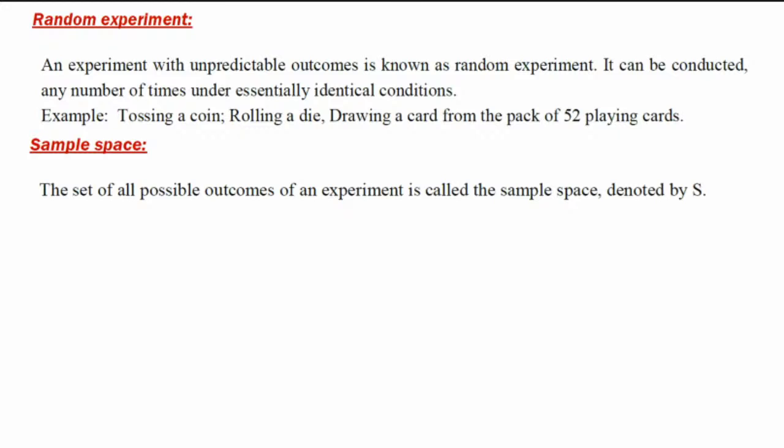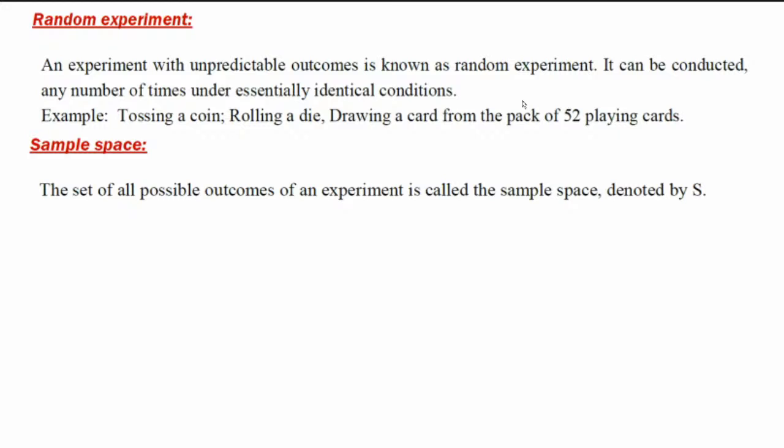Okay. Outcome means whatever it may be, true, false. If a coin is tossed, your outcome is either head or tail. That is the meaning of outcome. Now experiment. An experiment with unpredictable outcomes is known as a random experiment.